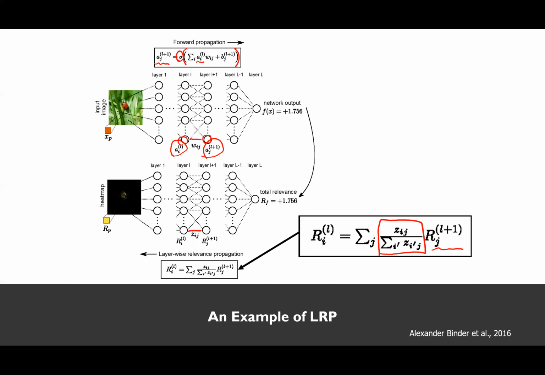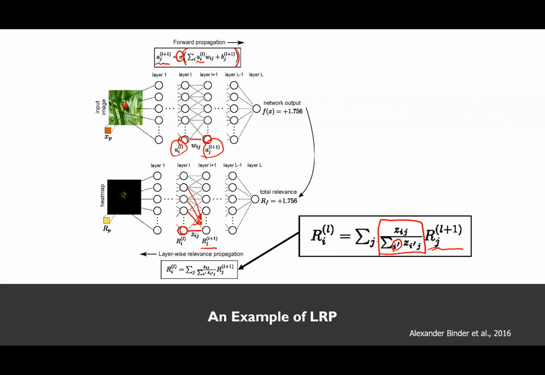So how much does node i in the previous layer contribute to node j in the next layer, considering all the possible Z connected to this j, and the portion of how much i contributes to j when we consider all the possible i prime, is multiplied with the relevance score of j.